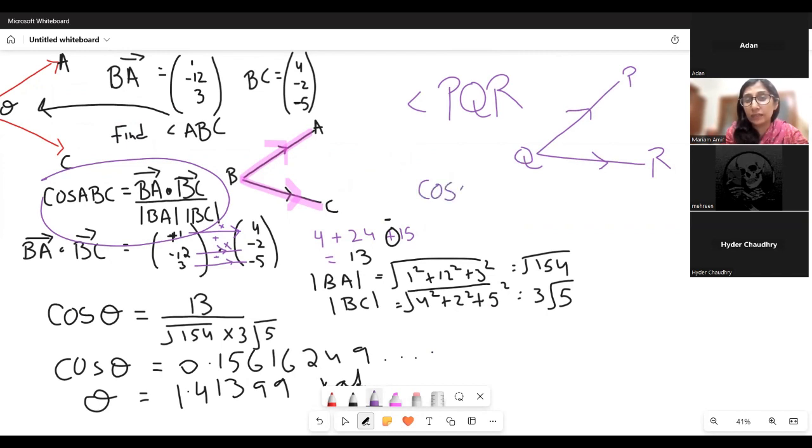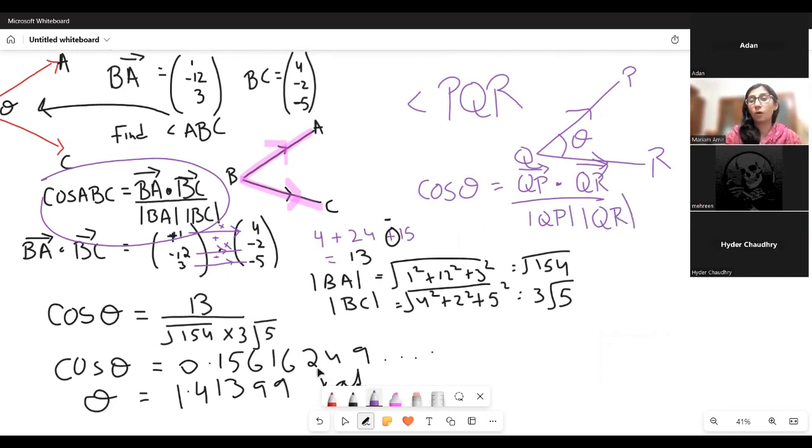So cos theta in this case, this is theta PQR, would be QP dot QR upon magnitude of QP times magnitude of QR. Okay, so keep the order in mind. If you write PQ or RQ instead of QP and QR, then the answer can be wrong.